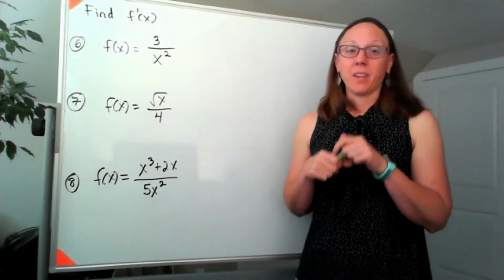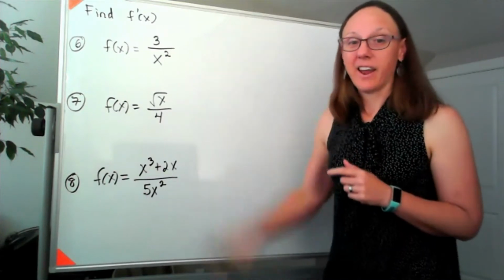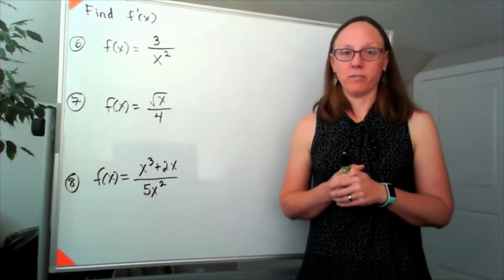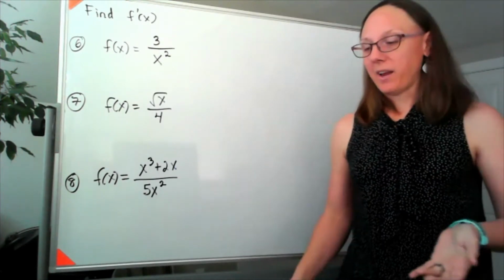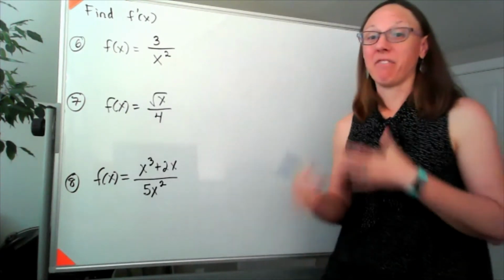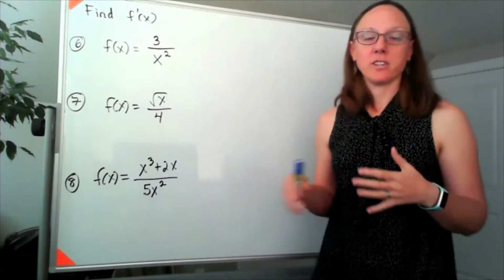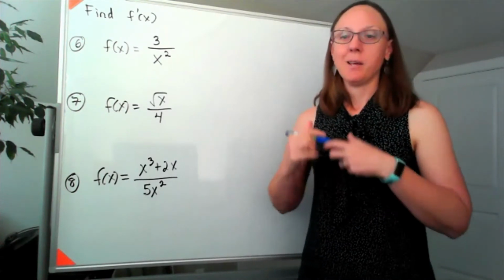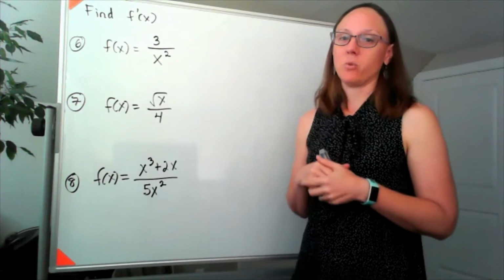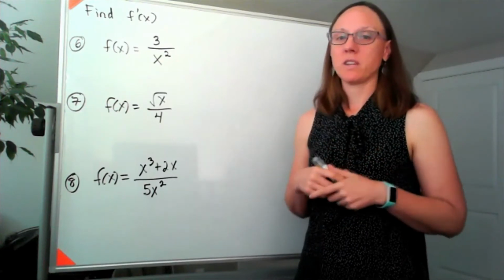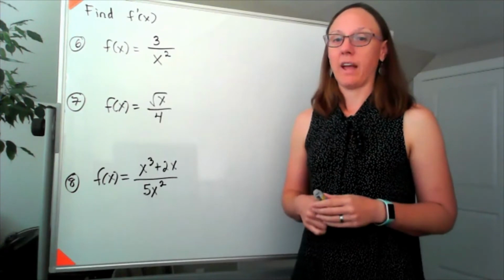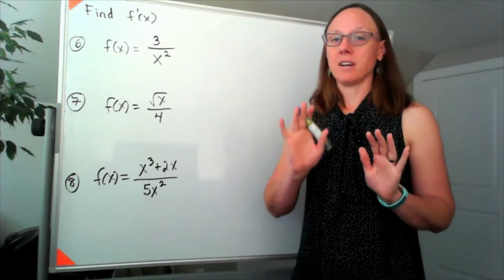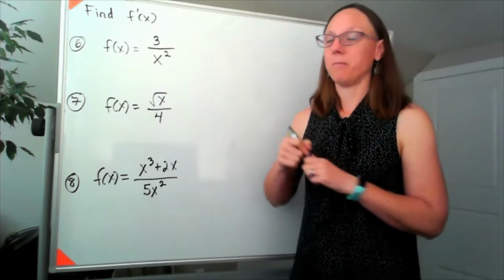I claim that none of these require a quotient rule. When I walk up to a problem, if I really just have combinations of x's raised to powers, before I go straight into other fancier derivative rules, I'm really going to pause for a second and think about, can I make that look like a number times x raised to a power?